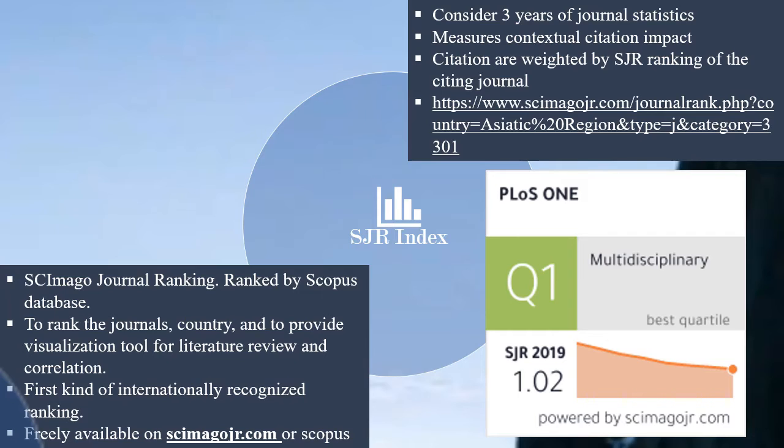If you browse any journal which is indexed by Scopus, you will be able to find this ranking or index score somewhere on the home page of that journal. If you see this scoring, that means that particular journal is indexed by Scopus. That's how you recognize a Scopus indexed journal.